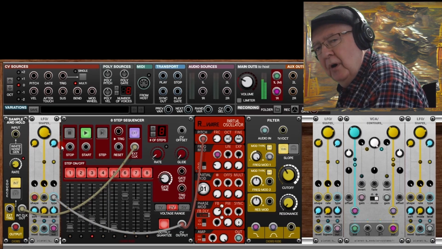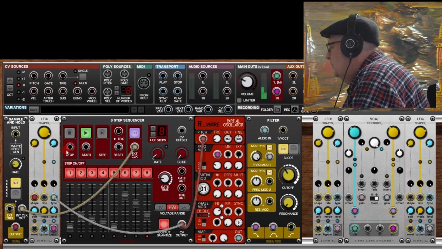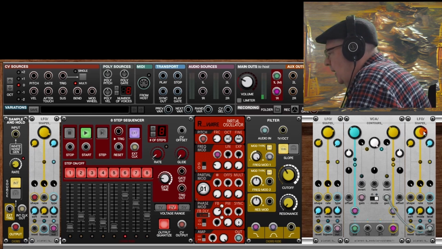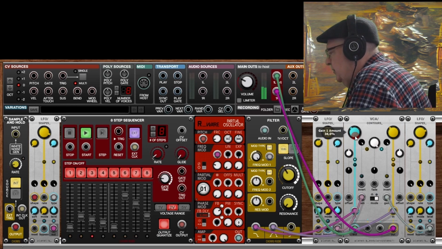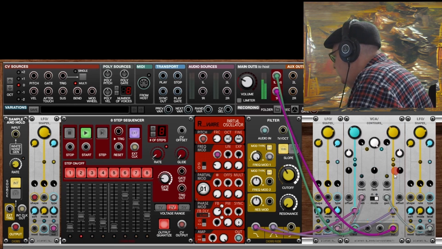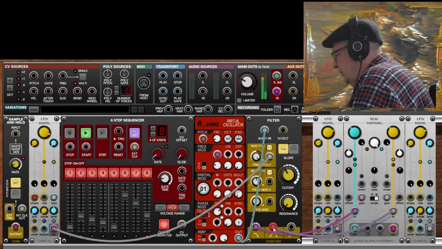Let's return to the more, let's say, melodic patch from a while ago. I've added two LFOs here and the VCA contours module. The left VCA unit here receives the audio from the low-pass filter, you see here, and the right VCA unit receives the audio from the bandpass filter.